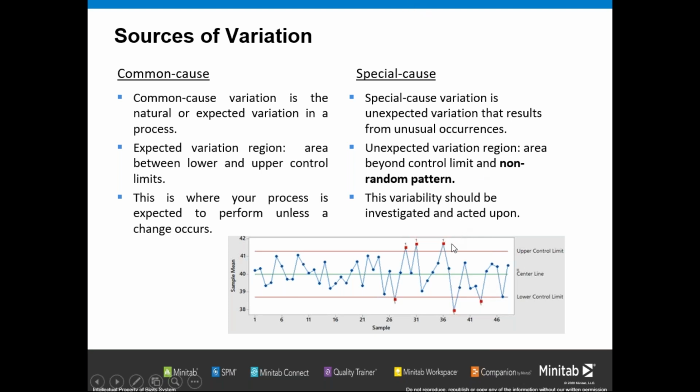So from the control chart, we can know common cause or special cause variation. Okay, because this helps you to take action on the process without over-controlling. So that's why we need to know whether it is a common cause or special cause of variation.